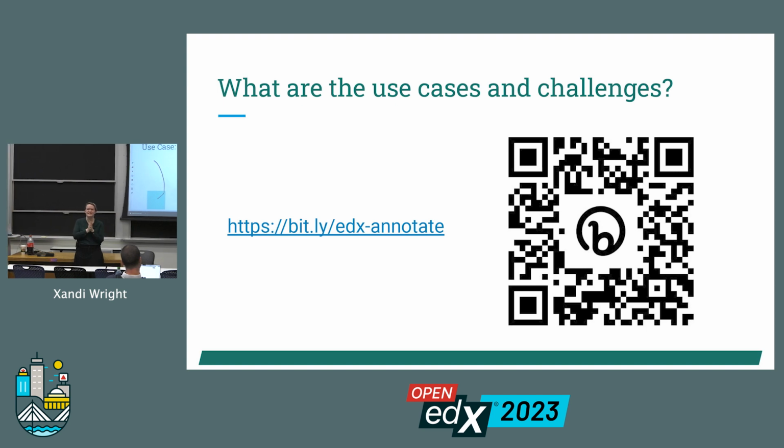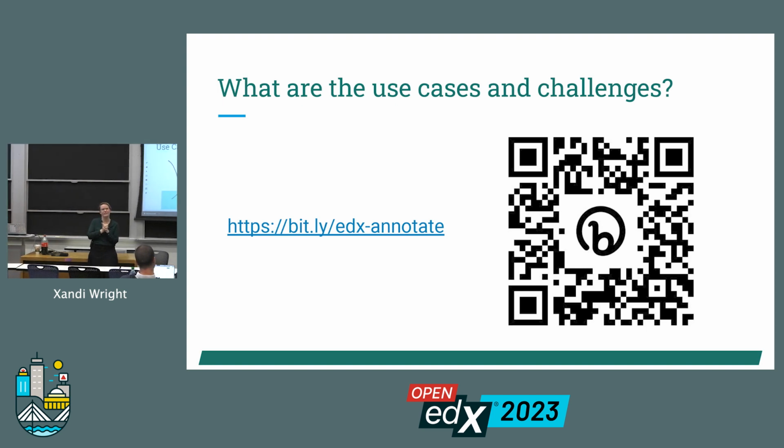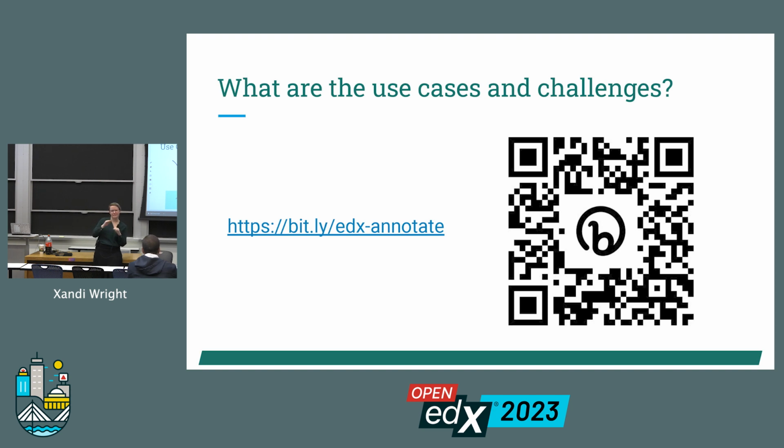So if that is the architecture that you're working with, I don't know if I'm speaking to a specific person with this use case, but my question would be whether learners have the ability to move between courses, or if they are just in the one that they've registered for.